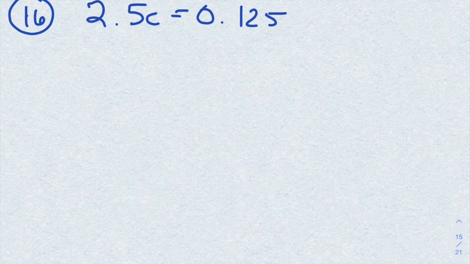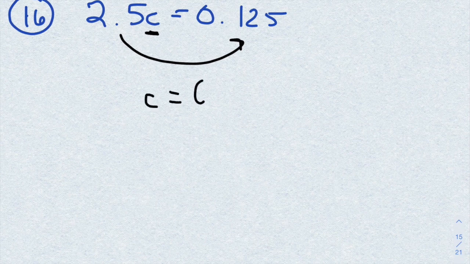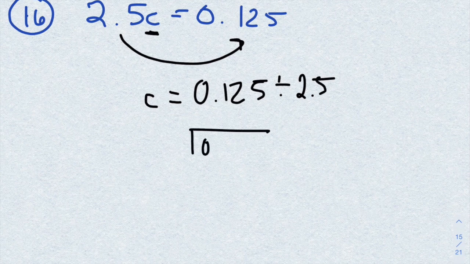Number 16. To get my C by itself, I'm going to have to move this to the other side. So C equals 0.125 divided by 2.5. And I know I'm going to have some long division here, so I go ahead and write it that way. And I have to move my decimal over one place in each number because I can't have a decimal in my outside number.